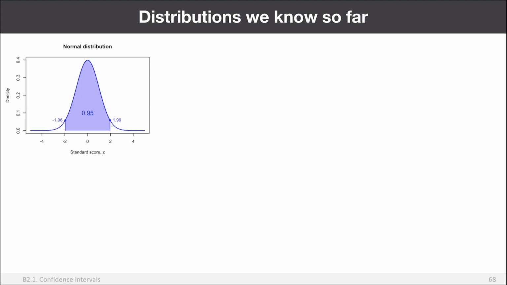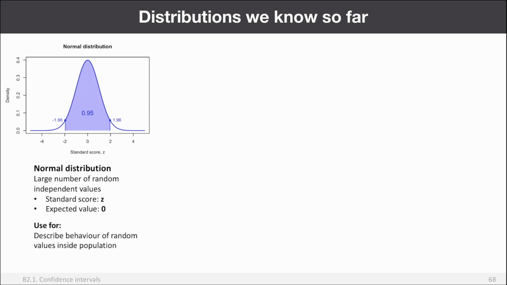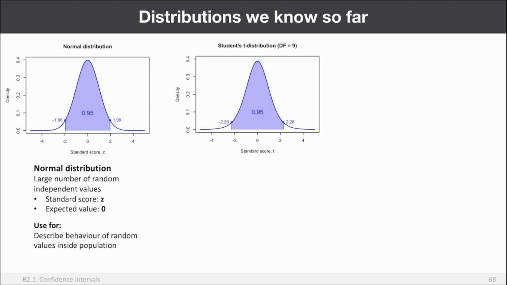So this is an overview of all distributions we know so far. We have the normal distribution, which we use for the description of a large number of random independent values. It has a standard score of z, the standardized normal distribution has expected value 0, and this is what we use it for, to describe the behavior of random values inside a population, right?